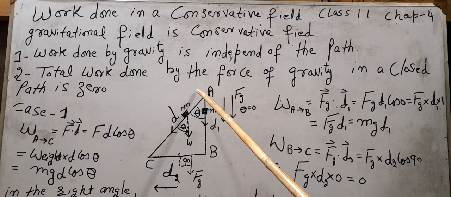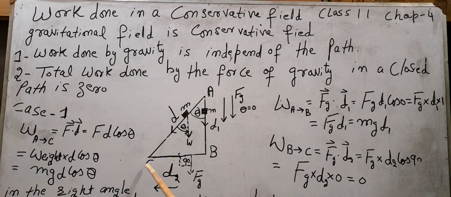Now we directly move the body from A to C. Now the force of gravity is the weight of the body of mass m, and the displacement covered is d. The angle between these two vectors is theta. Actually, ABC is a right angle triangle, and we can prove that when the line AB and the weight vector of the body are parallel to each other, then these two angles will be equal to each other.